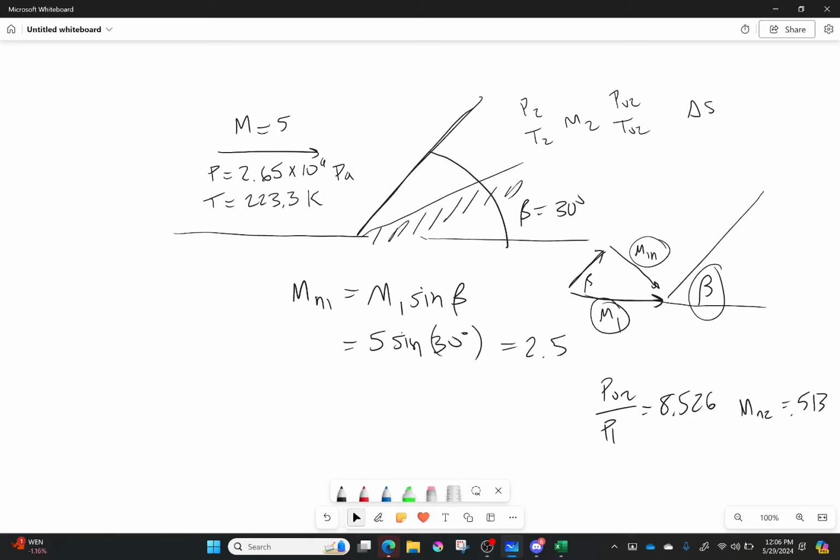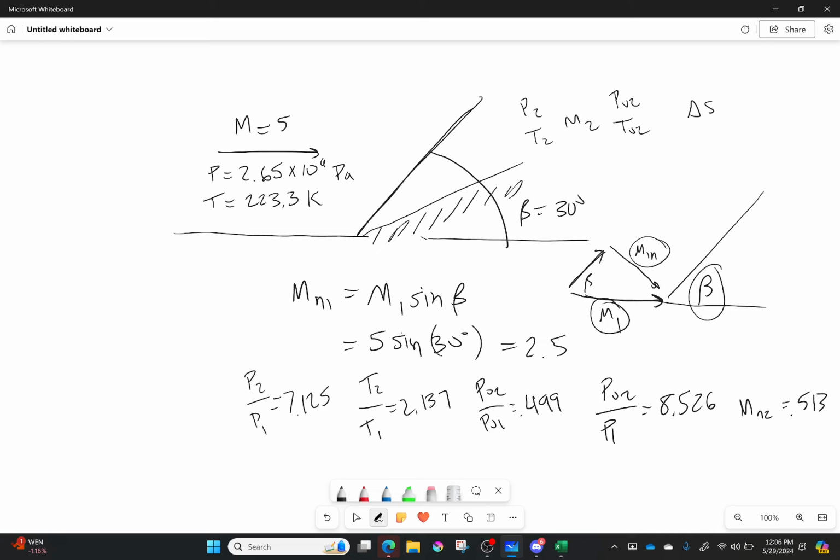I got that P02 over P01 is equal to 0.499. I have T2 over T1 is equal to 2.137. And the last thing here is P2 over P1 is 7.125. There you go.